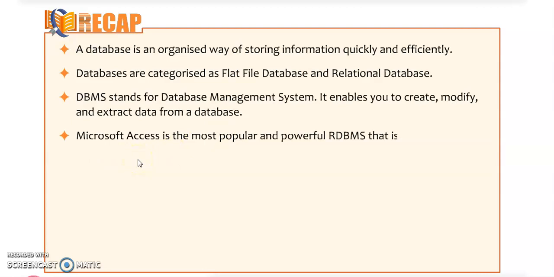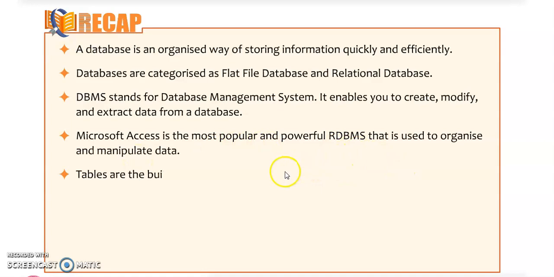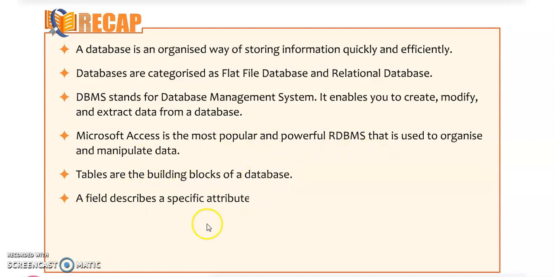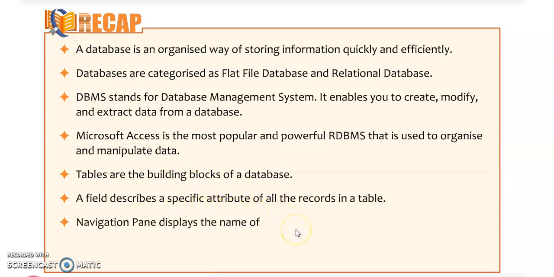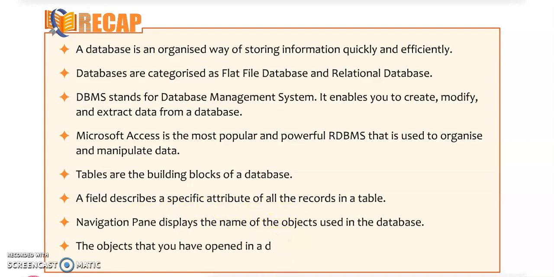Access is the most popular and powerful RDBMS that is used to organize and manipulate data. Tables are the building blocks of a database. A field describes a specific attribute of all the records in a table. The navigation pane displays the names of the objects used in the database, and the objects that you have opened in a database appear right above the work area in a tab form.